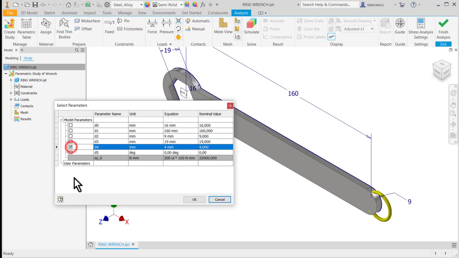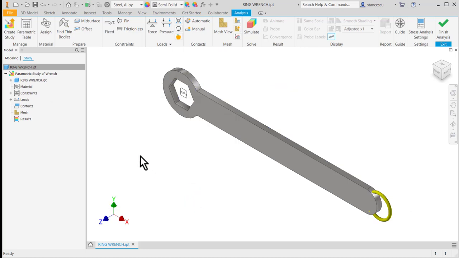I select this parameter and I work with it. You can choose a number of parameters, but be careful, because a great number of parameters is prohibitive. One or two is enough.